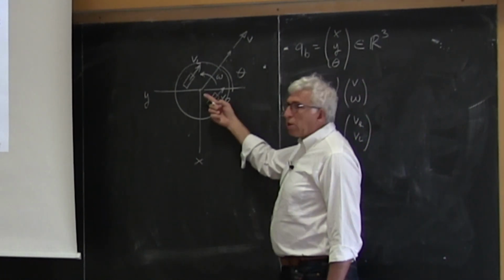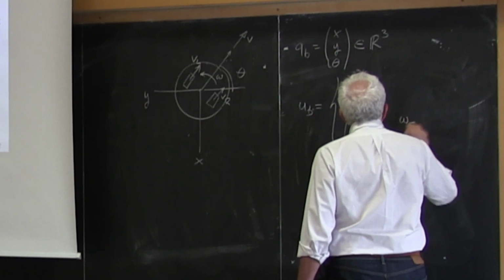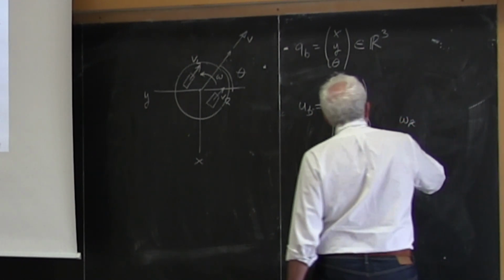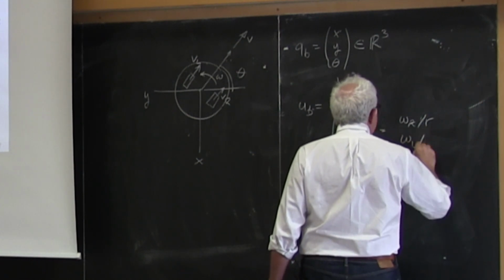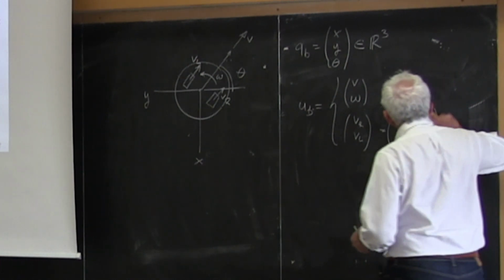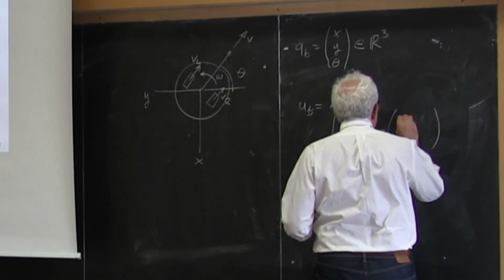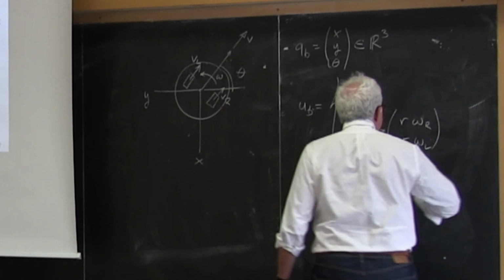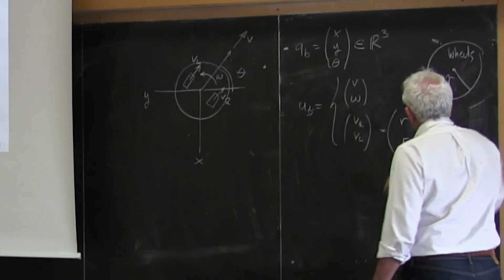Or if you have a motor mounted on the axis of the wheels, you can replace these by the right angular velocity and the left angular velocity, times r, that is, r omega r and r omega l, where r is the common radius of the wheels.